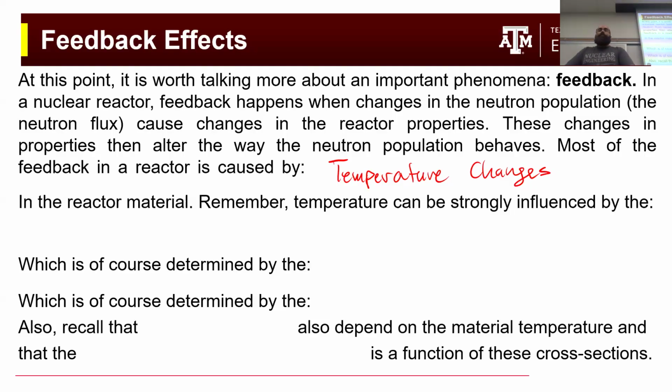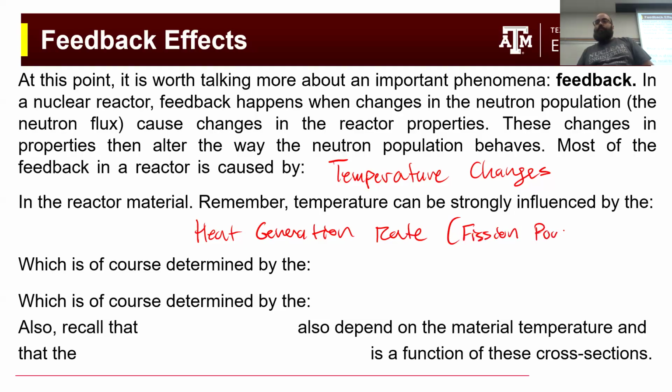When I have temperature changes in my reactor material, that influences properties in my reactor. The temperature changes because of changes in my heat generation rate. The heat generation rate is the same thing as my fission power, which is PF in the notation that we've been using so far.